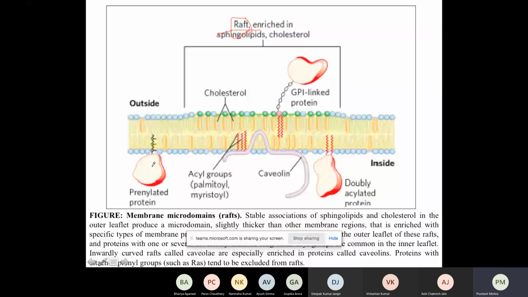Any protein which has no high concentration of sphingolipid and cholesterol will not be included under raft. So raft is a specific microdomain stabilized using association of sphingolipid and cholesterol in different leaflets, could be outer, could be inner, and they are specific in terms of their protein.